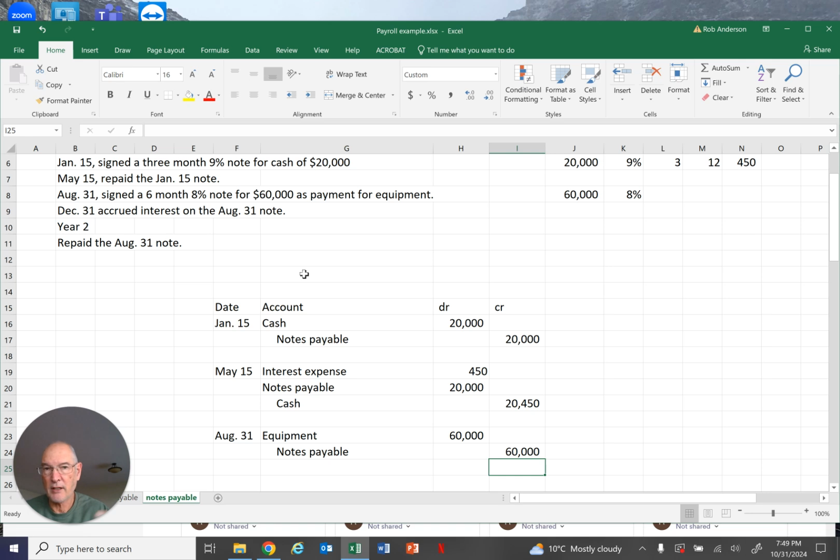And instead of dividing months by 12, you would say, let's say August 7 is going to give us 24 days in August, plus 30 in September, plus 30 in November, plus 31 in December. So I forget what that is. But that's how many days you would have, divided by 365, and that would be your interest. So in real life, you're going to have to count the days if you do this.